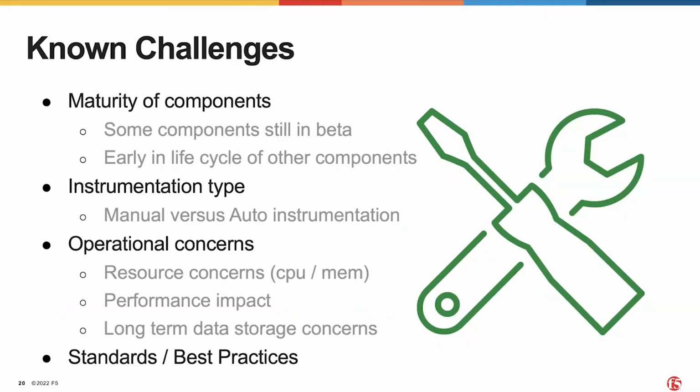Next up is just operational concerns. In terms of CPU, memory usage, and overall performance impact, you're just going to have to benchmark and see. There's dials you can turn, like ratio of traced requests, but that gets tricky because you can't really set that per service.